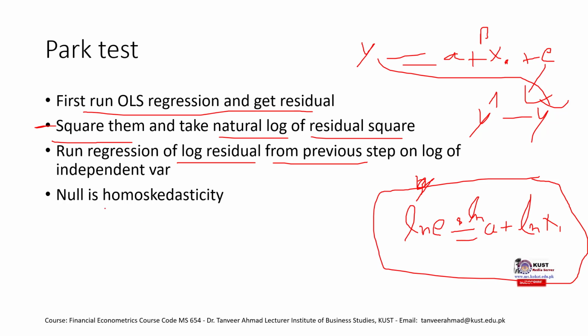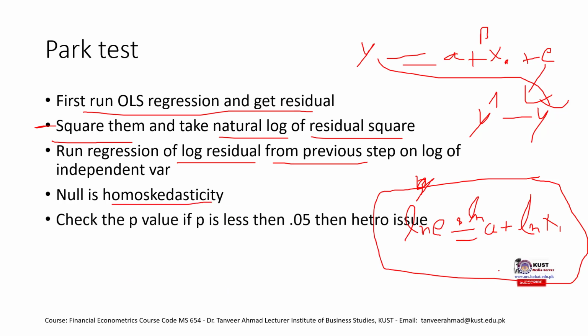And the null hypothesis of this test is homoskedasticity, and the alternate is obviously heteroskedasticity. So we check the p-value of this coefficient. If the p-value is less than 0.05, that means we reject the null hypothesis and we accept the alternate hypothesis, which is heteroskedasticity. So the idea is, if the p-value of this second regression, this auxiliary regression, is less than 0.05, then we have the issue of heteroskedasticity.